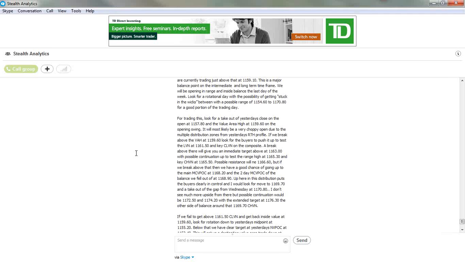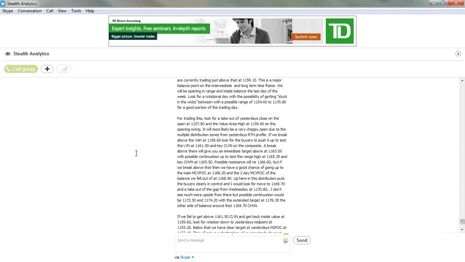A break above there, we should get an immediate target up at 63, but most likely continue up to 1165.30 with the key CHVN being at 1165.50. Possible resistance will be at 66.60, but if we break above that, there's a good chance that we're going to go back up to the main balance, the microcomposite VPOC, up at 1168.20. And that's the two-day balance that we fell out of up there too at 1168.90.